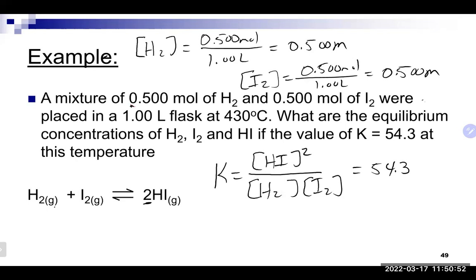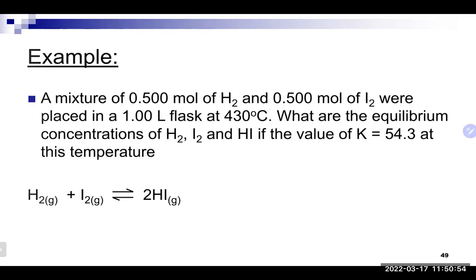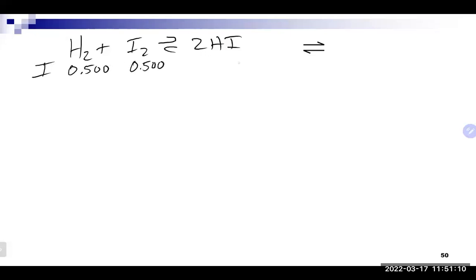All right, so then let us go into the ice table. H2 plus I2 gives 2HI. So initially here we have 0.5 and 0.5. Again, nothing mentioned about our products, so fairly safe here to assume that it is going to be 0. That also means that we could safely assume, as we've talked about previously, that this reaction should be going towards the product side.